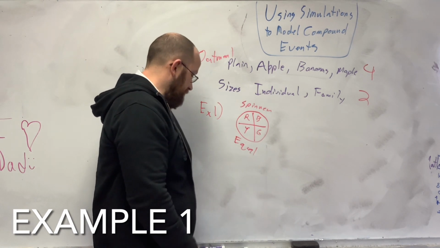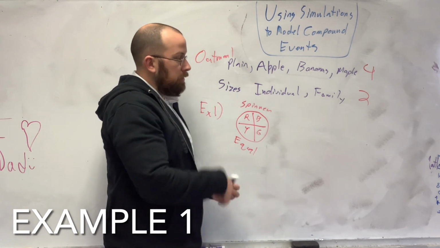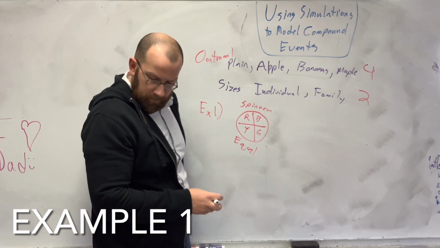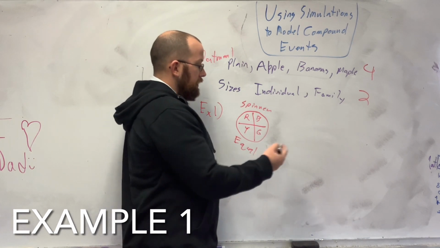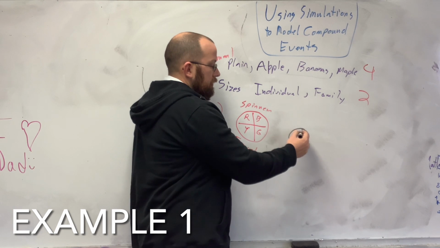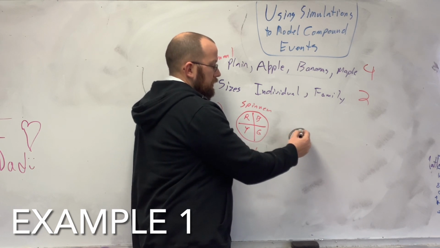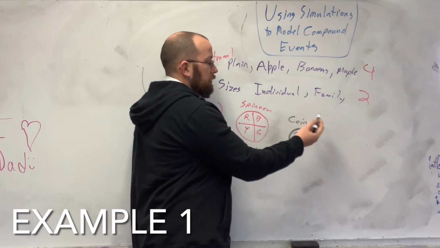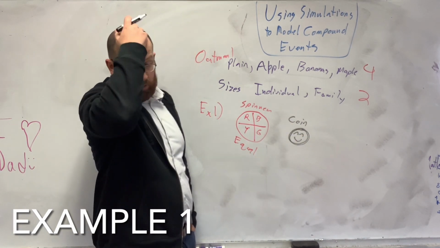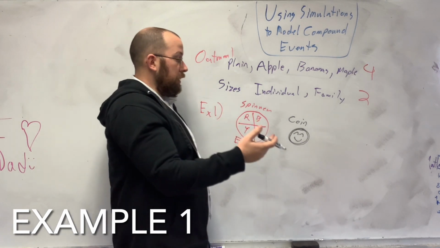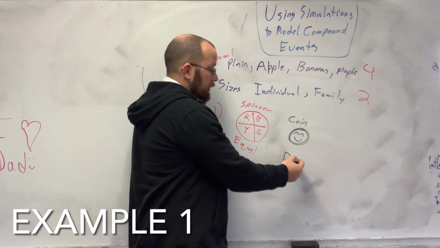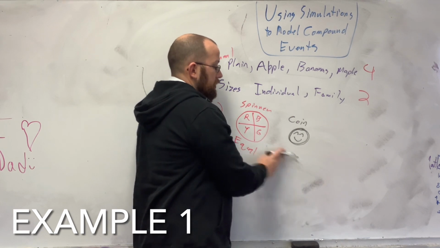But what about my sizes? You can do that a couple of different ways. The first one that comes to my mind is to flip a coin. One side could be individual, and the other side could be family. Another way is to roll a die, or a cube.